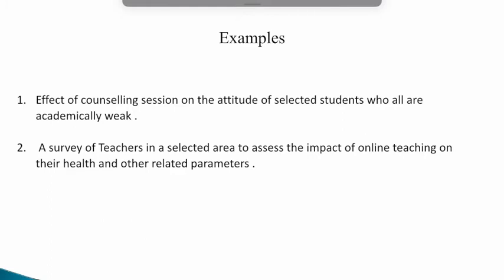Here you can see the two examples I have taken to give you a clearer understanding of this one-shot design. For instance, if we are studying the effect of a counseling session on the attitude of selected students who are academically weak. Sometimes in education, some students are not performing well in their academics, or they may have certain reasons.